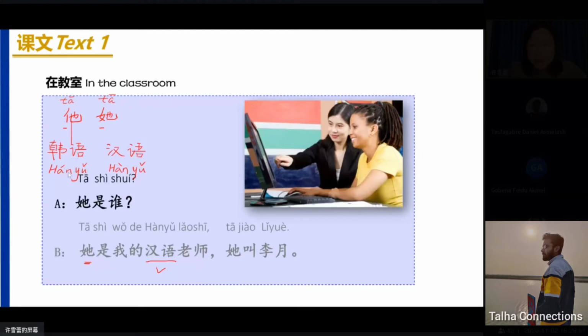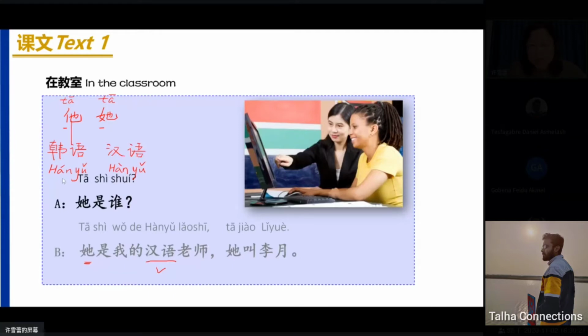It is Korean language, the language used by another Asian country. So there are two different terms. Very good. Hanyu, that's Chinese language. So you will see that even the alphabets of the Pinyin are exactly the same, but the tones are different. So the tone makes a difference in the meaning of words.